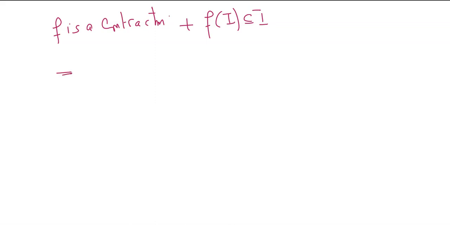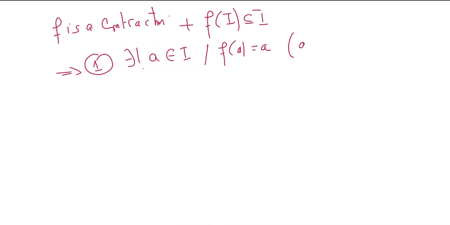So as a conclusion here, if f is a contraction and f is defined on an interval that is mapped to itself, we have first that there exists a unique a that belongs to I such that f of a equals a, so a is a fixed point.